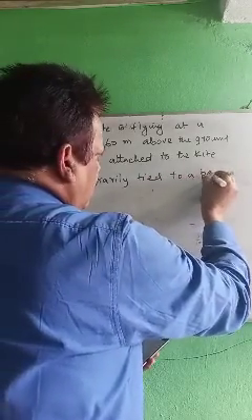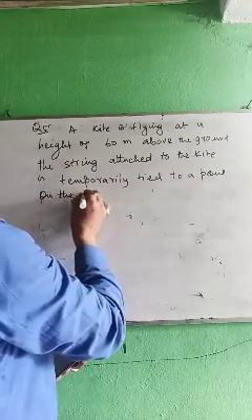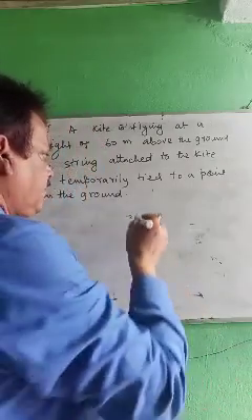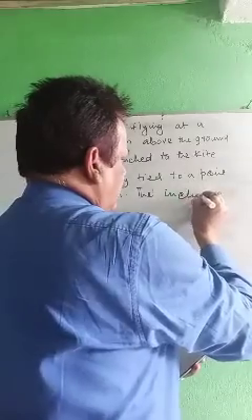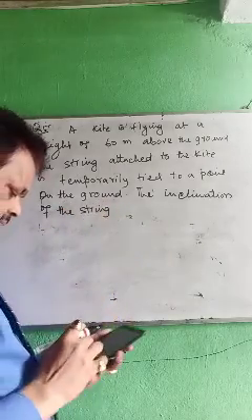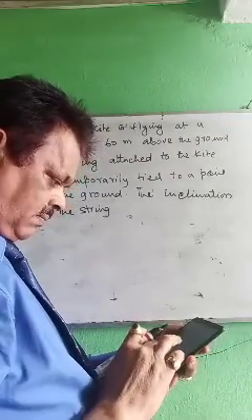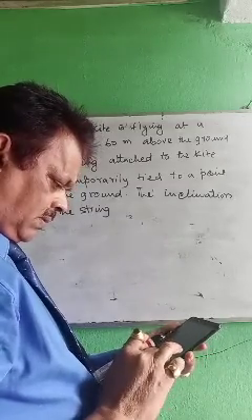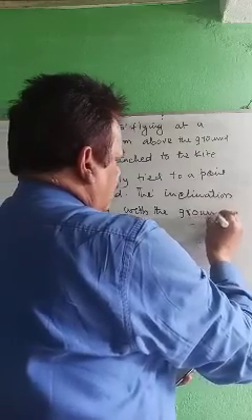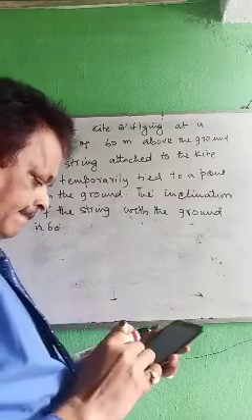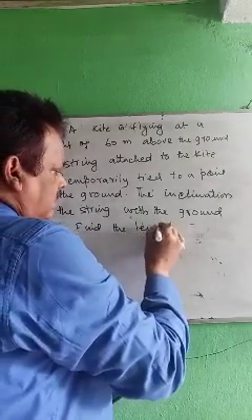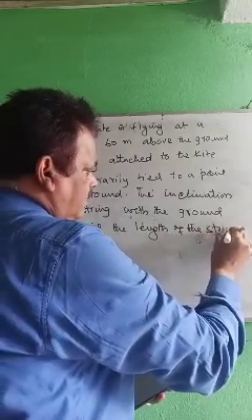The inclination of the string with the ground is 60 degree. Find the length of the string.